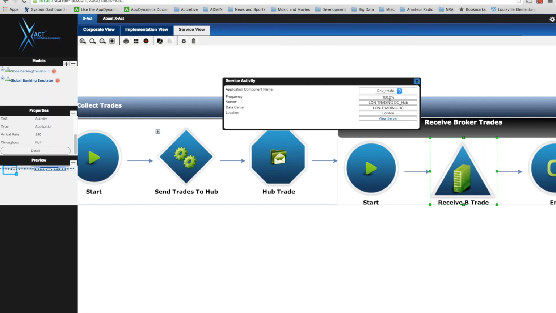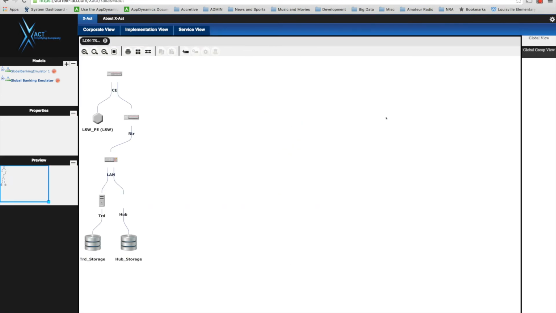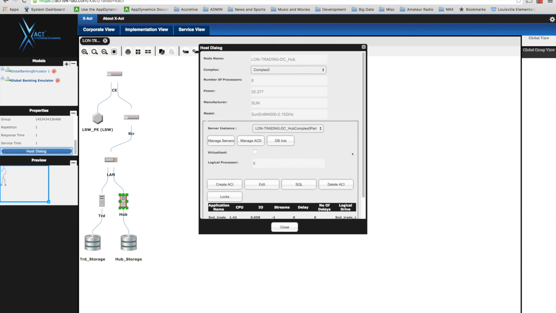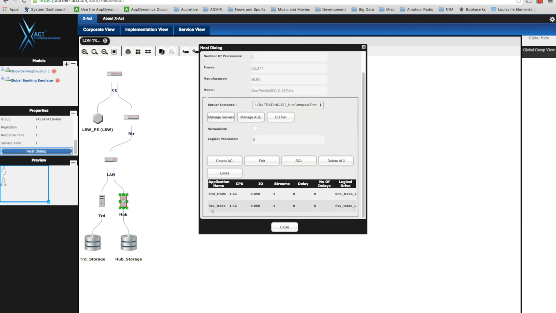This is actually a drop-down list, and I can distribute the amount of work across those servers to represent that. In this case, though, there's only one component. It is running on the hub in the London Trading Center in London. I can click on the view server and it'll take me there, and it shows me that it's on this machine. If I select the properties and scroll down, there is receive trade. Okay.